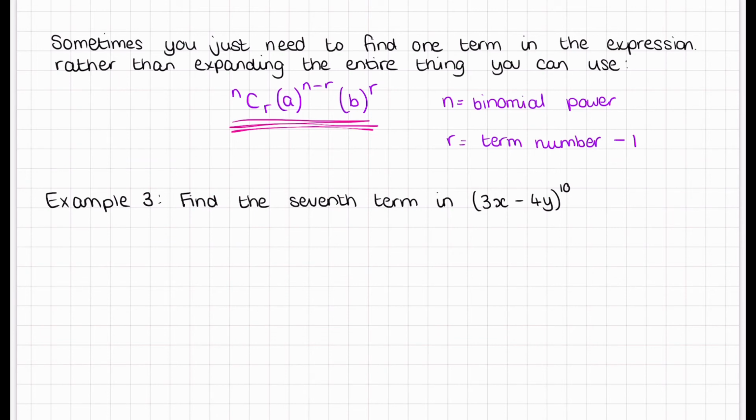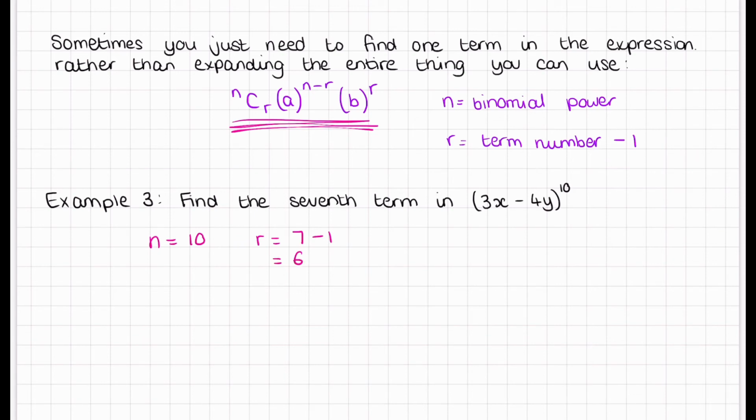So in example 3, we want to find the 7th term in 3x minus 4y all to the power of 10. And we want the 7th term. So if we were trying to find the 7th term, we know our n equals 10, because that's the power we've been given. Our r is the term minus 1, so we want the 7th term, so it'll be 7 minus 1, so our r will be 6.